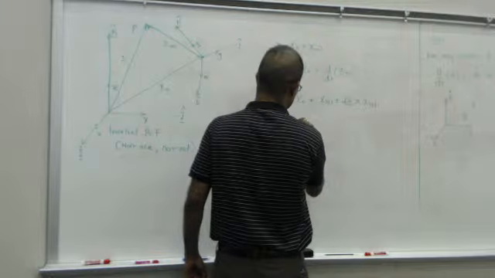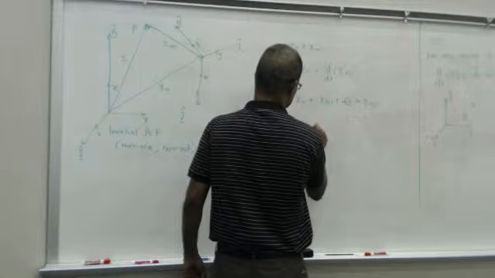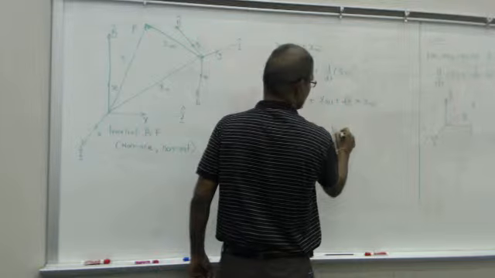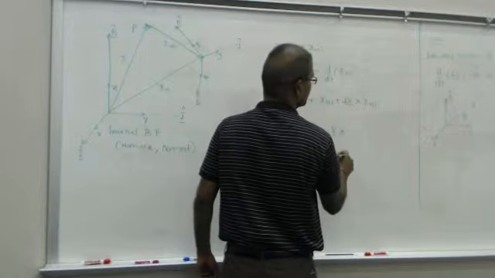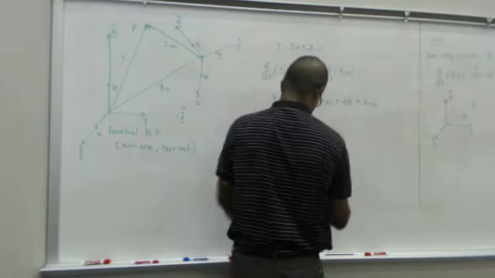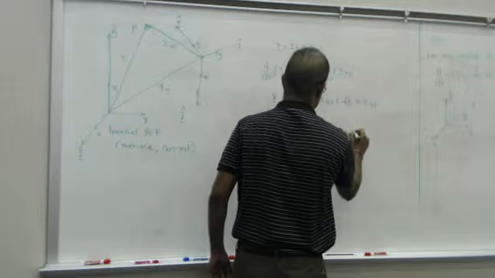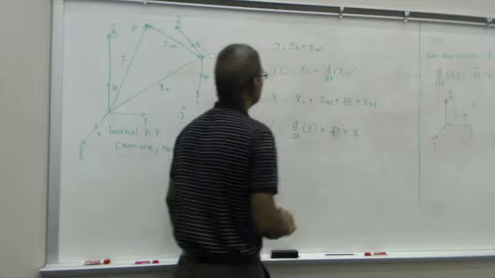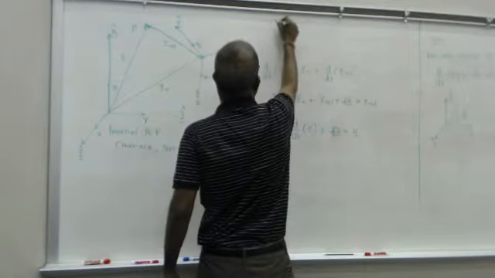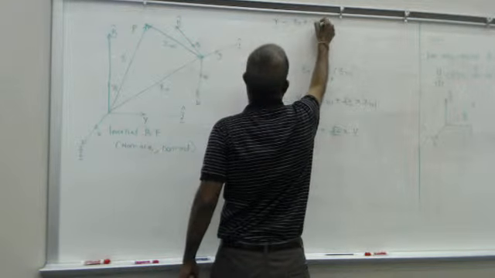So this would be d over dt of V plus omega cross with V, where R is R naught plus R relative.